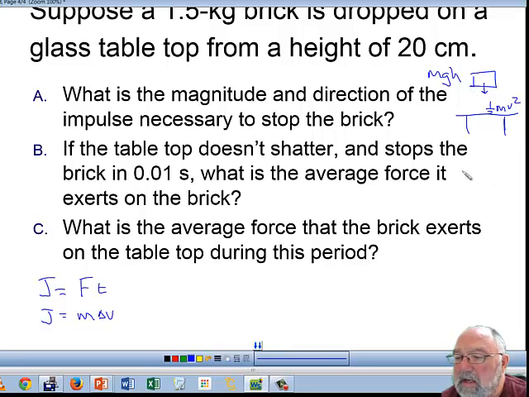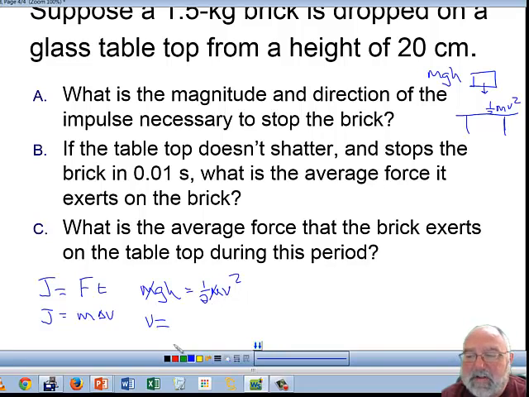So that means that mgh is equal to 1/2 mv squared. Masses cancel, meaning that the velocity or the speed of the brick just before it hits is equal to root 2gh, or the square root of 2 times 9.8 times the height of 0.2.